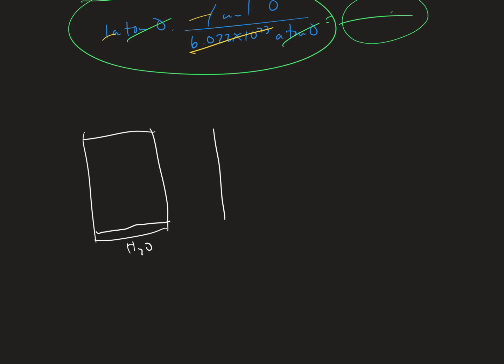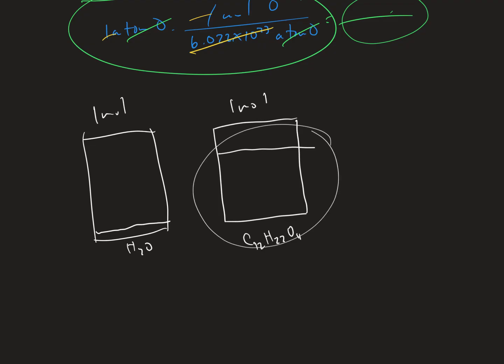If we have that same beaker and we put sugar in it, C12H22O11, it's going to fill it up to there. But it's 1 mole. Whoa, why is this so much more if it's both 1 mole? They're bigger. You with me?